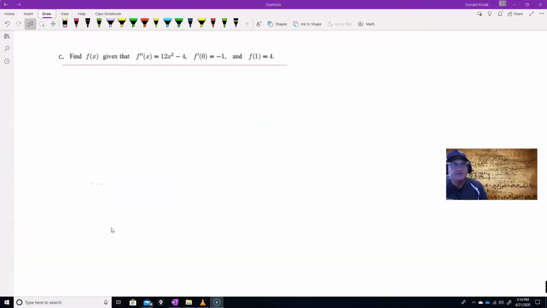Find f of x given that the second derivative is equal to 12x squared minus 4. This point is on the first derivative, and this point is on the original. So we're going to have to integrate twice. So if I integrate this second derivative, this integral is going to give me the first derivative plus some constant.